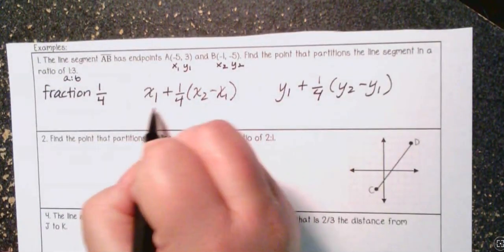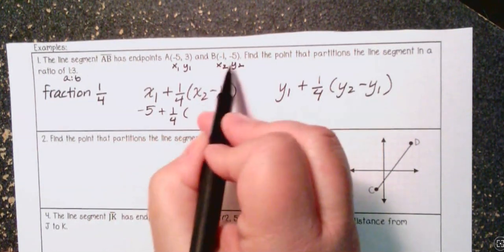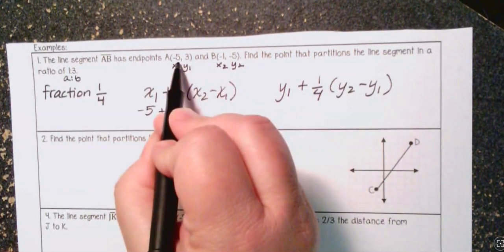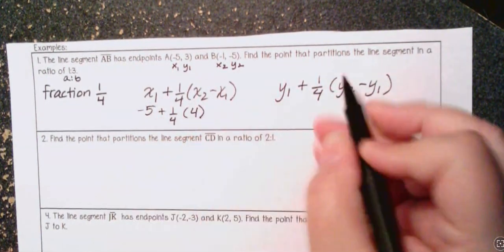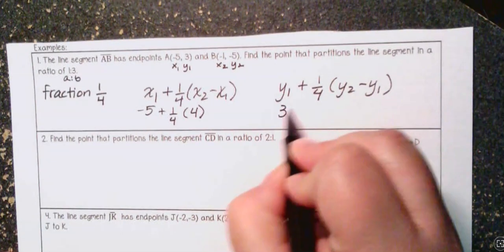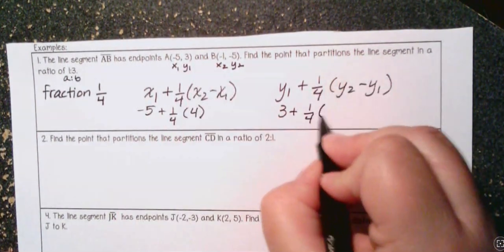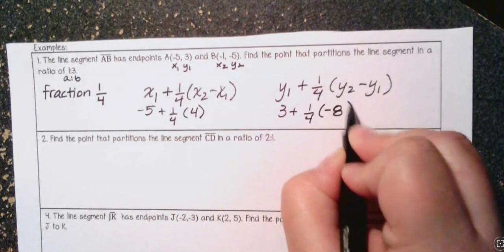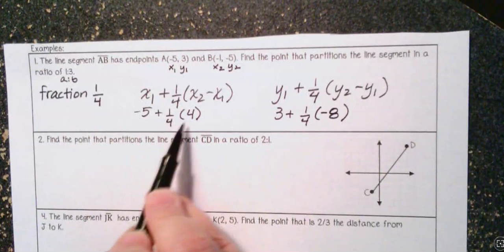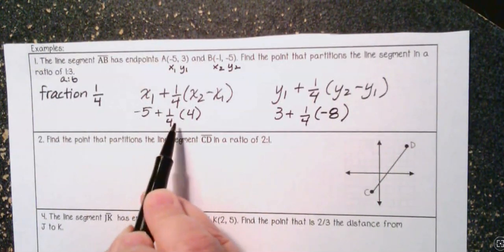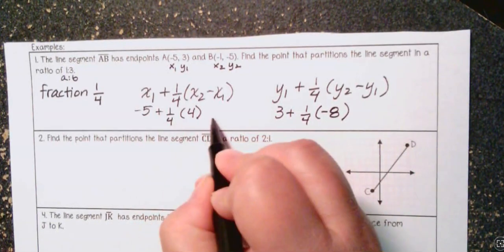And that here is -5 plus 1/4 of -1 minus a -5. -1 minus a -5 is 4. And 3 plus 1/4 of -5 minus 3, which is -8. Okay, so the X value is going to be -5 plus, this becomes 1. -5 plus 1 is, and I'm kind of running out of space here.